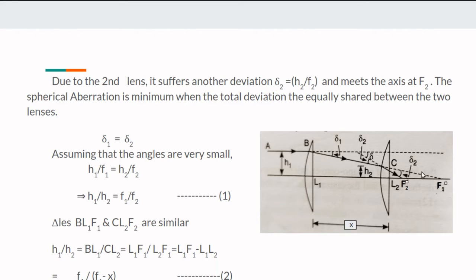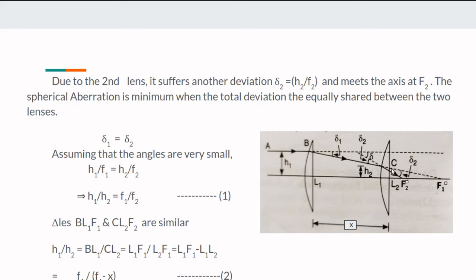Then this is the deviation produced by the first lens. This is the incident ray direction and this is the deviated ray direction. Therefore, this is the angle of deviation for the first lens. Next, when this refracted ray enters the second lens, it again undergoes refraction, that means it suffers another deviation.